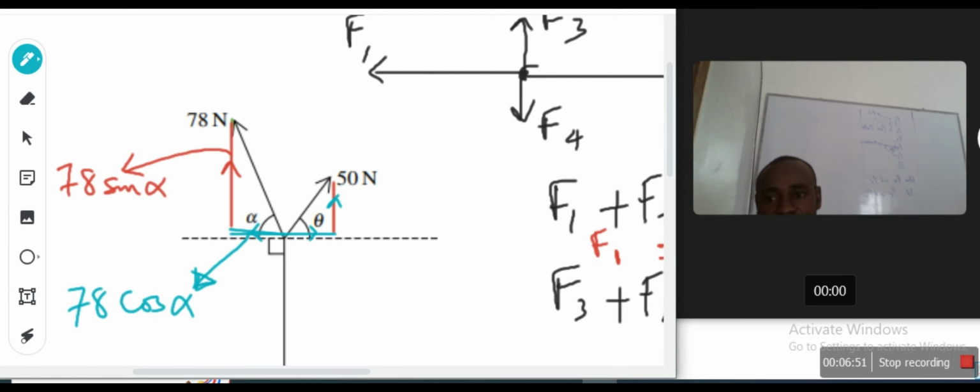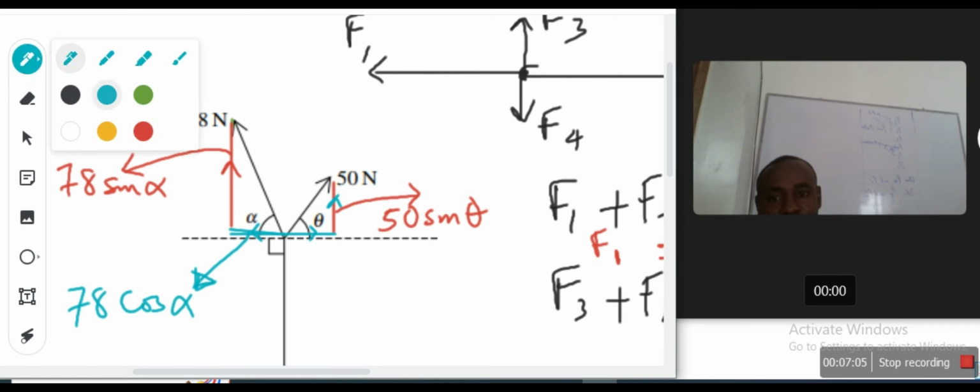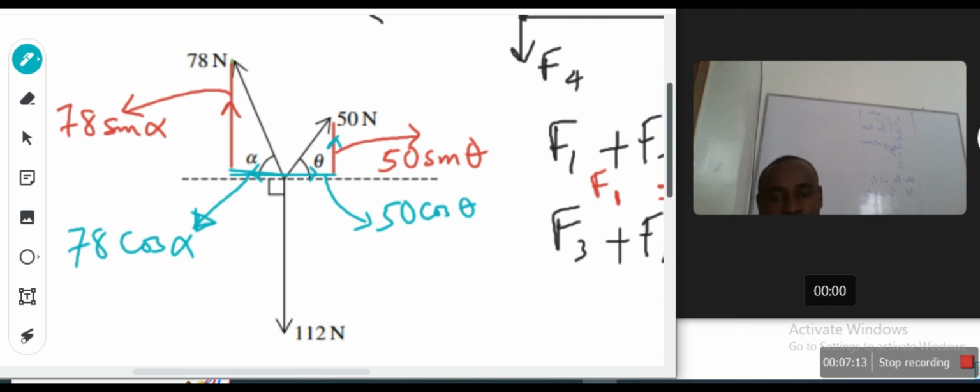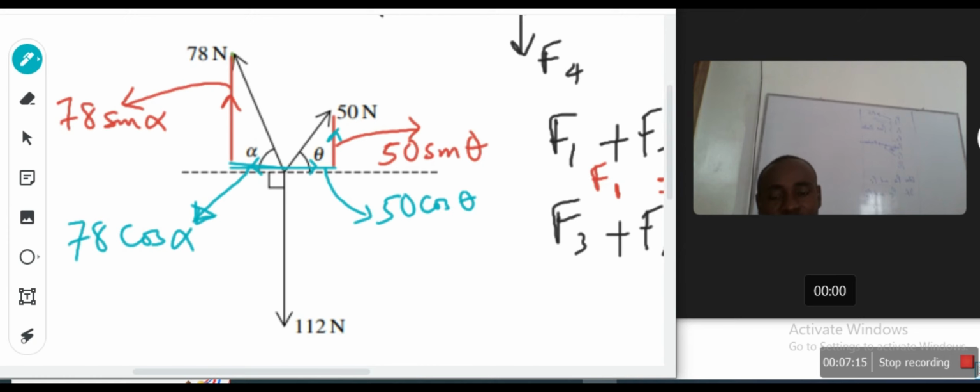Okay, let's go to the 50 Newton components. The red one is 50 sine theta, where the angle there is theta, right? While the blue one is 50 cos theta. All right, so we've resolved the ones that need to be resolved.